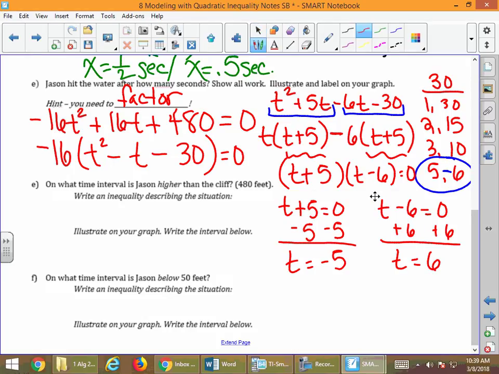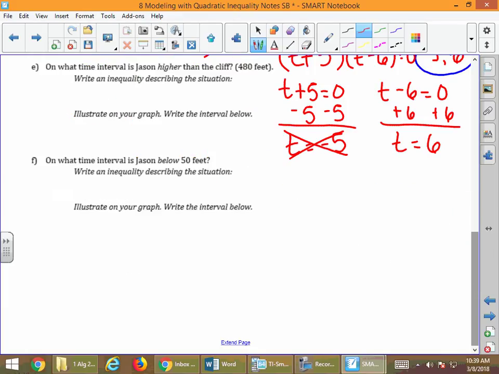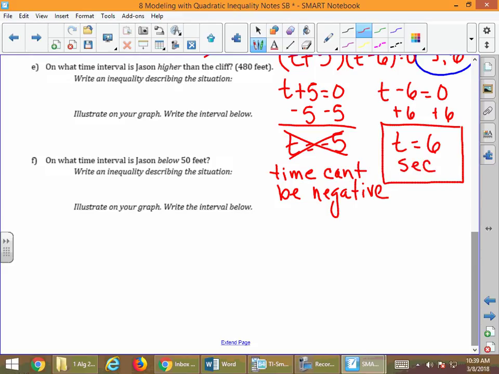Negative 5, positive 6. When we solve the factoring, the negative 5 is not an answer because time cannot be negative. So our answer ends up to be t, our time, equals 6 seconds.